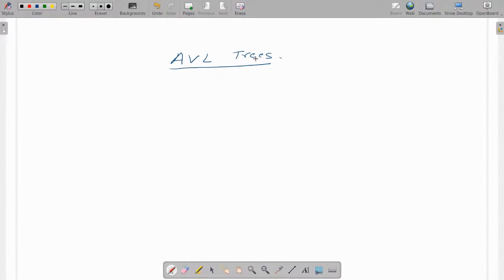That at any given node, the left child will have a value lesser than the node value, and the right child of that node will have a value greater than the node value, and this will sustain for the entire tree. That means for any given node, all elements of the left subtree will have values lower than the root node, and all the right subtree values will be greater than the value of the root node. Now what is an AVL tree?